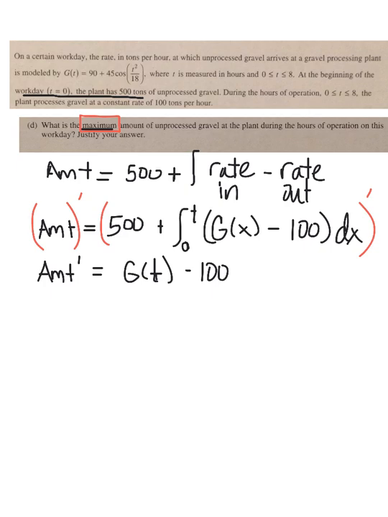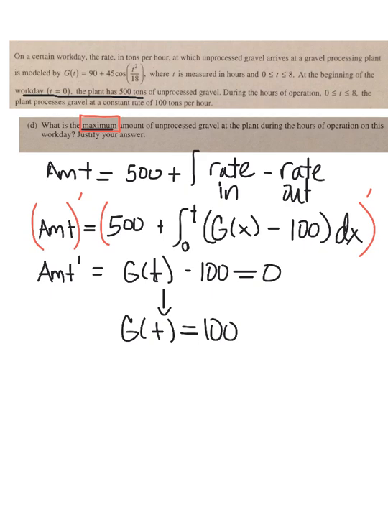And when I want to find a max or min, wouldn't I take that derivative and set it equal to 0? So what I'm looking for is, where does g of t equal 100?